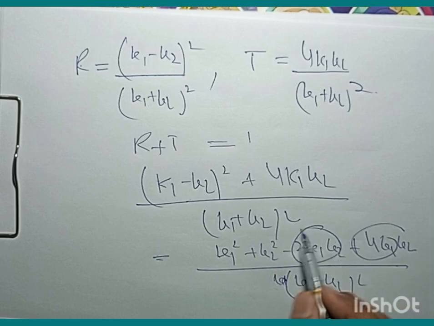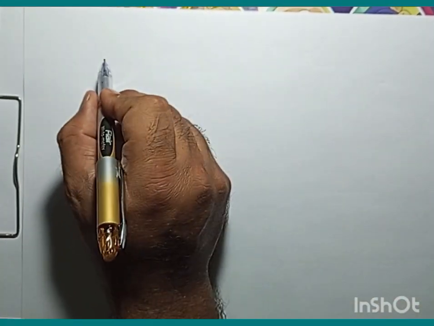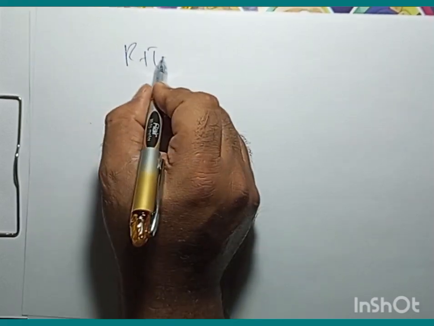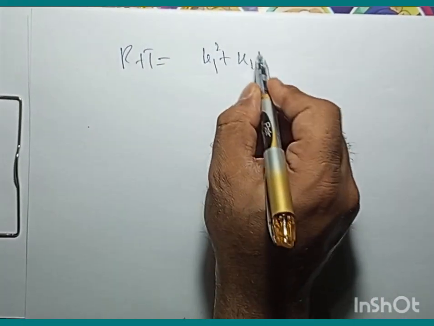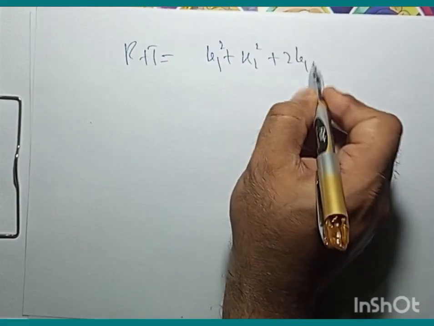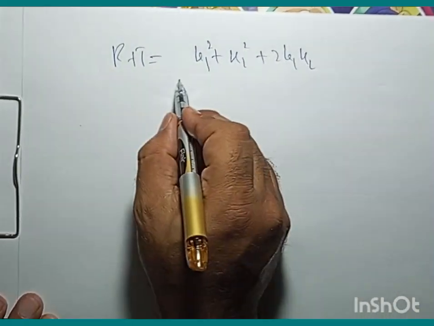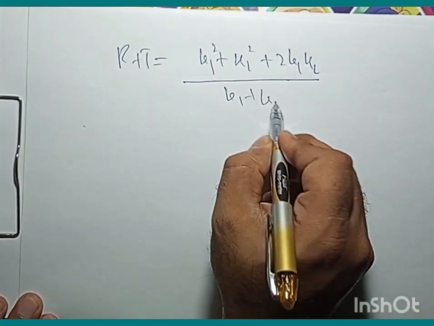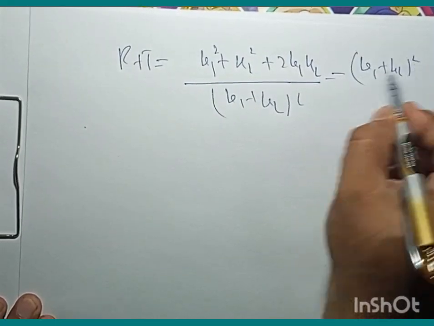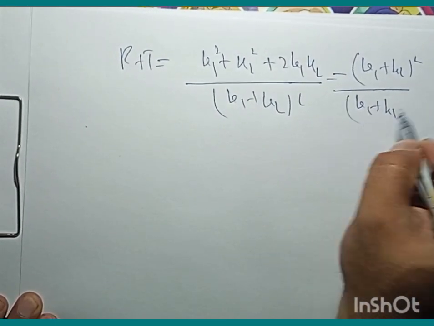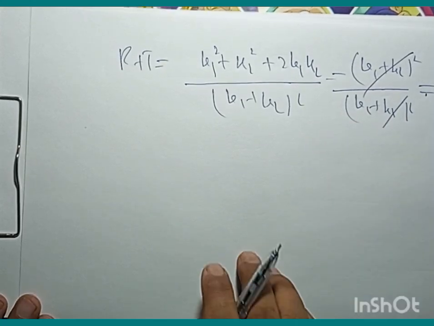So this will be added, and we get R plus T as K1 square plus K2 square plus twice K1 K2, divided by K1 plus K2 whole square. So this is K1 plus K2 whole square divided by K1 plus K2 whole square, which is equal to 1.